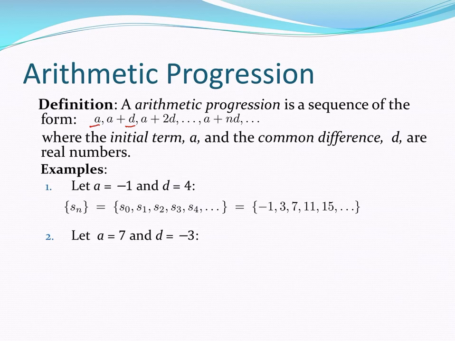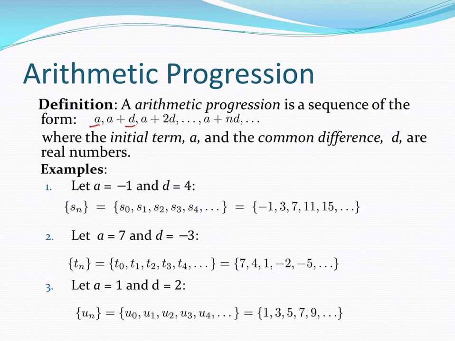And if a is 7 and d is -3, you'll see that this will be a declining sequence. So 7 minus 3 is 4, minus 6 is 1, minus 9 is -2. And here we have a progression of the positive odd integers. a is 1 and d is 2.